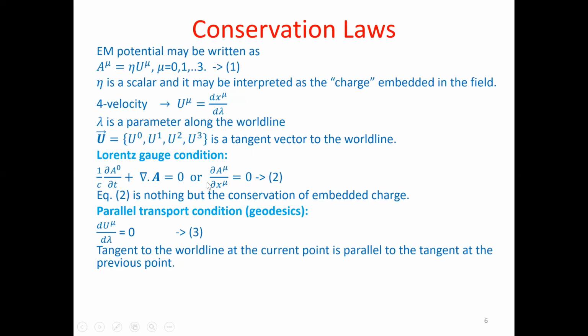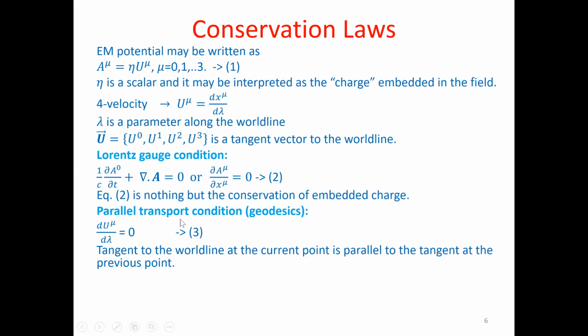In classical electrodynamics, one is free to choose either Lorentz gauge or any other gauge as long as the equations relating electric and magnetic fields remain invariant. However, in our model, Lorentz gauge condition is of fundamental importance because with the definition of 1, equation 2 is nothing but the conservation of eta.